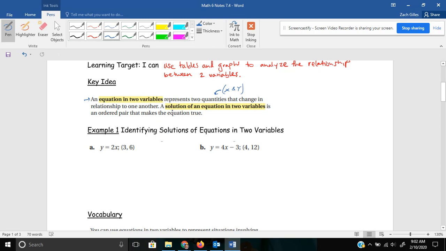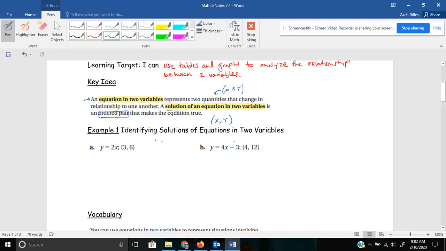A solution, so the answer of an equation in two variables, is an ordered pair that makes the equation true. So remember, an ordered pair is x comma y. That makes that equation true because there's two variables now. So our answers will be ordered pairs that make it true.